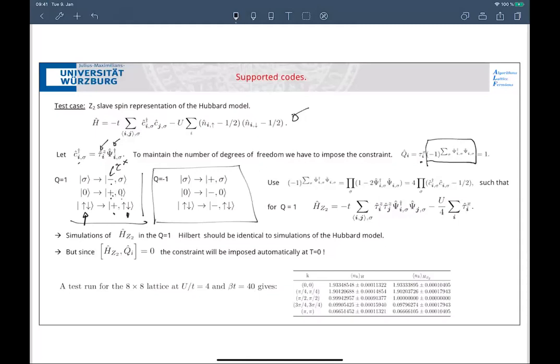Fermion parity here is 1 times 1 is 1. So this is the Q equals 1 sector. Now I have another sector, which is the Q equals -1 sector. The fermion parity is -1, but I take a plus, that's -1. This is 1 times -1, that's -1. This is then 1 times -1, this is then -1. So this is the Q equals -1 sector.